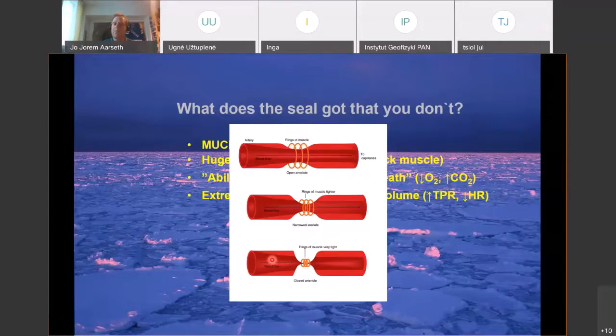And this happens all the time. When you exercise, the arteries are opening more and more to get rid of heat. That's why your skin gets red, because now you have a lot of blood just under the skin. So you are warm and have exercised, and you are red.